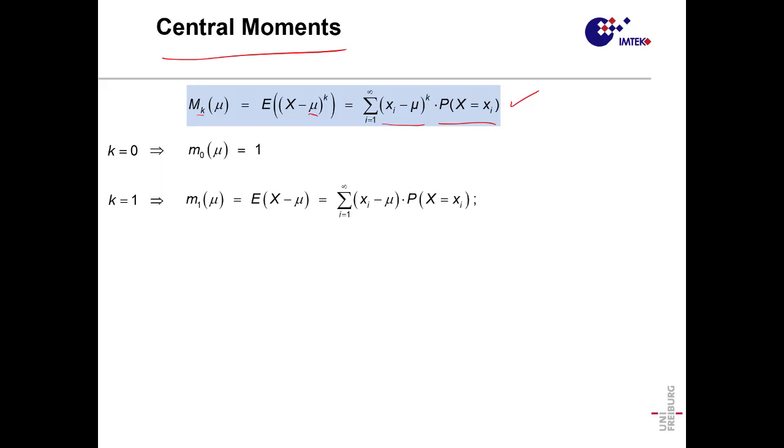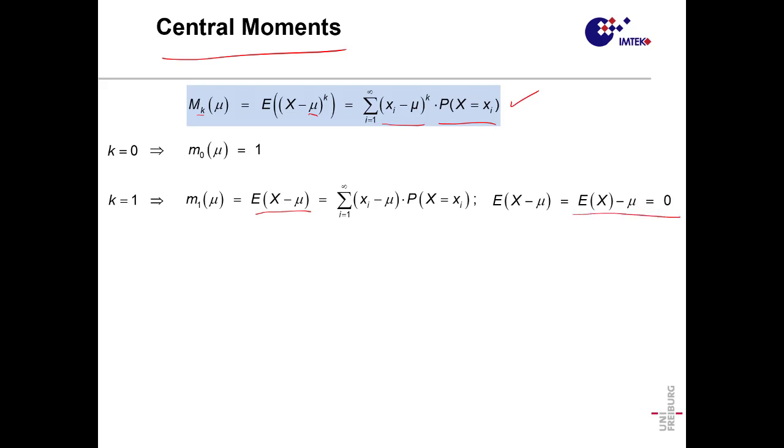If k is 1, then we only have the expected value of the difference between them. And if you remember the law of large numbers, this difference, as we go to infinity, tends to be equal to 0, or the expected value of x tends to be mu. Okay? So that's basically what it's saying here.